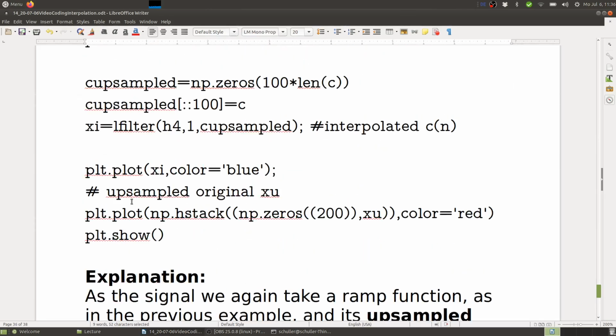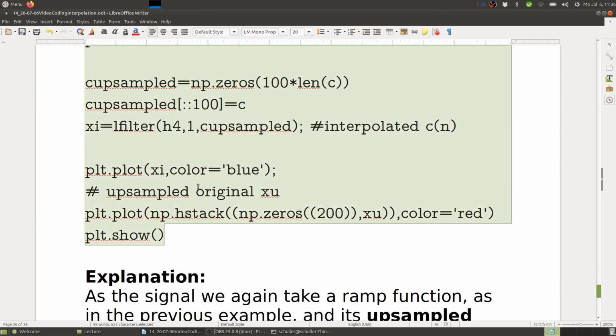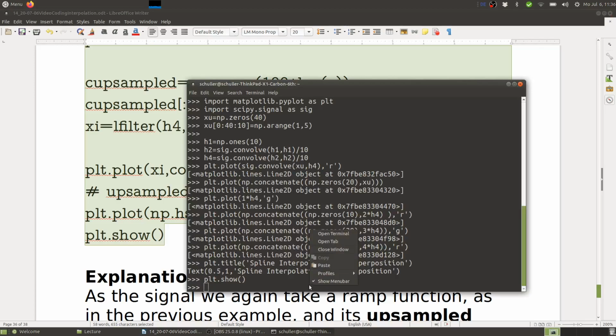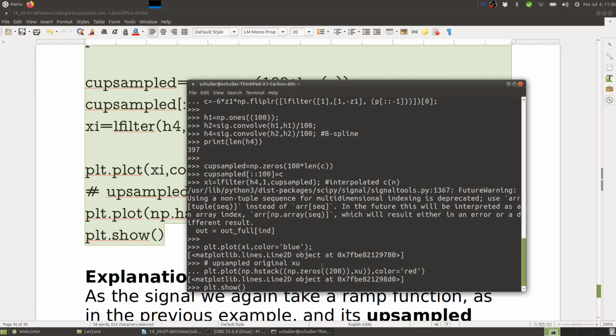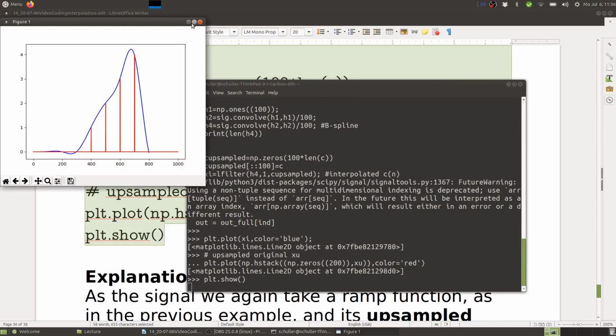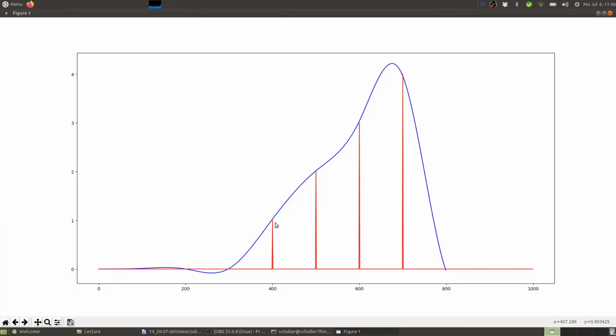So copy, see if it works, copy and paste into our Python window. And indeed, what we see here in red are the original sampling points, and the blue curve is now the interpolated curve of the compensated signal.